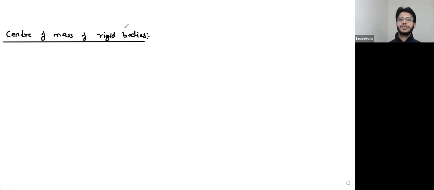By rigid bodies, we mean like you can have a rod, you can have a disc, you can have a ring. If you have a rigid body, then the number of point mass particles in a rigid body are finite or infinite?